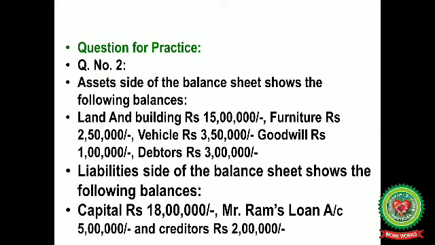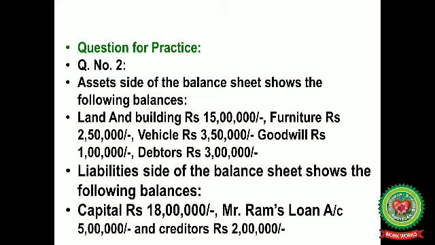Now the second question for practice. Asset side of the balance sheet shows the following balances: land and building 15 lakhs, furniture 2 lakh 50,000, vehicle 3 lakh 50,000, goodwill 1 lakh, debtors 3 lakh. Liability side of the balance sheet shows the following balances: capital 18 lakh, Mr. Ram's loan 5 lakh, and creditors 2 lakh.